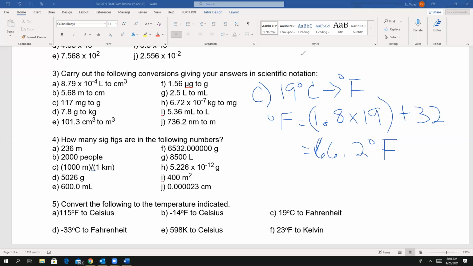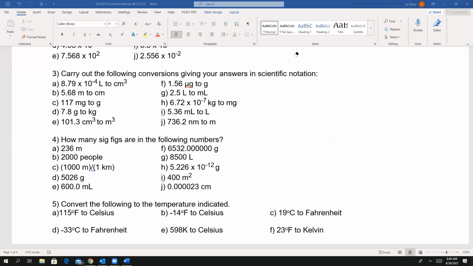Then we have E, where we're converting Kelvin. I forgot to write that part down, didn't I? 598 Kelvin to Celsius. Okay, so for that you need your Kelvin formula, your Celsius formula.